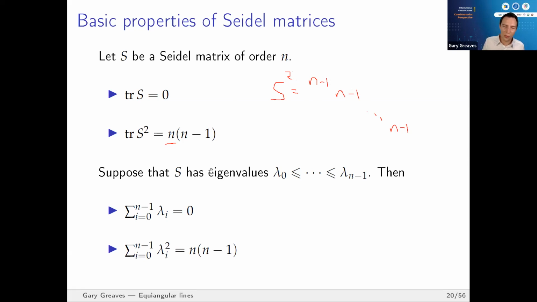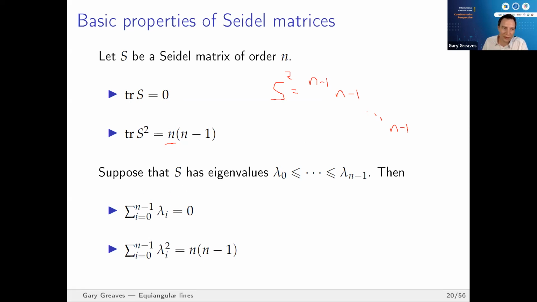Okay, now we can map these trace observations to the eigenvalues. Here I'm going to assume that my Seidel matrix has eigenvalues lambda_i, so lambda_0 is the smallest one up to lambda_{n-1}. So it has n eigenvalues. They're all real because it's a real symmetric matrix. The trace is telling me the sum of the diagonal entries, but it's also telling me the sum of these eigenvalues.